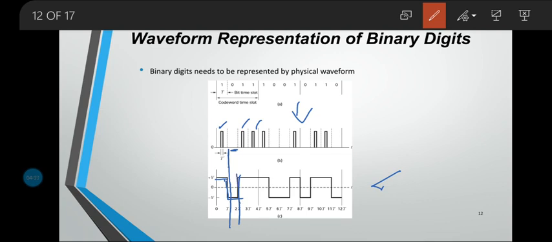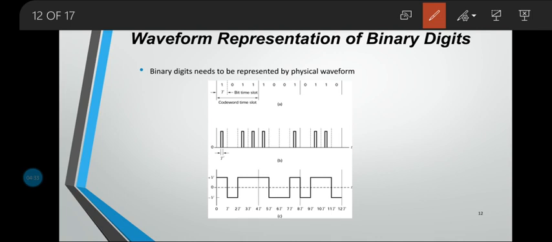Again for the next time slots here and here, it is present, so it is 1, taking up the higher voltage level, and for the next two slots it is 0. Likewise it keeps on tracing each and every bit slot and assigns the exact waveform occupancy.